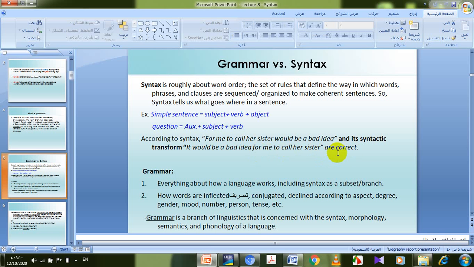Both sentences are correct because the second sentence is the syntactic transform of the first one. Okay, so in short, syntax is more concerned with the organization of words and phrases in a specific sentence, how words and phrases are sequenced or organized.